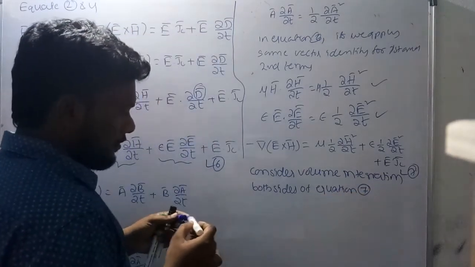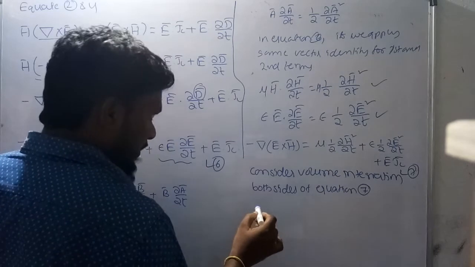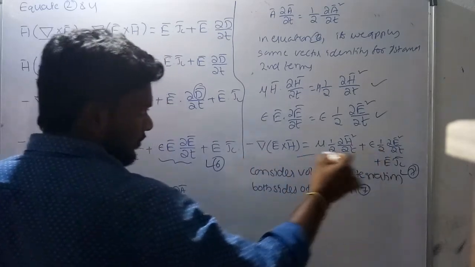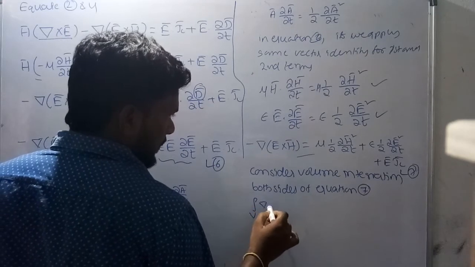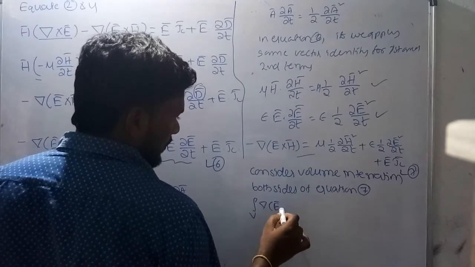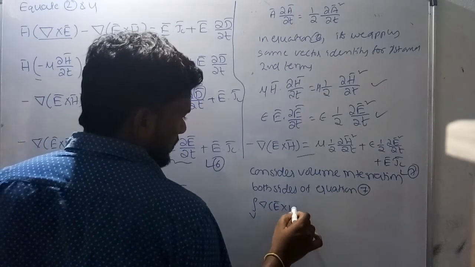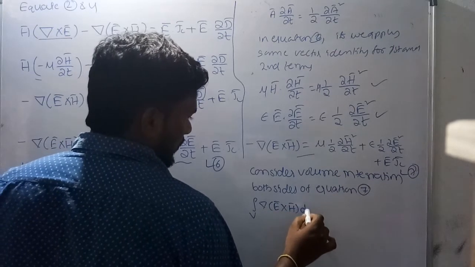Okay, so if you consider volume integration after sending the negative sign to this side, it will become the volume integration of ∇·(Ē×H̄) dV.